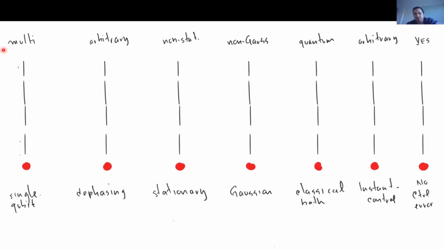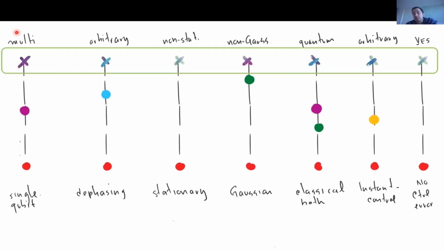One which is capable of addressing multiple qubits, noise in all directions, non-stationary noise, non-Gaussian noise, quantum or classical noise, dealing with arbitrary control, and including control errors, for instance, in your model. And this would be the dream, right? But the truth is that we are far from that. All these protocols have maybe improved a bit in all of these criteria. But the reality is that we are far from the final objective, which is this all-powerful, assumption-free, or with as few assumptions as possible, quantum noise spectroscopy protocol.